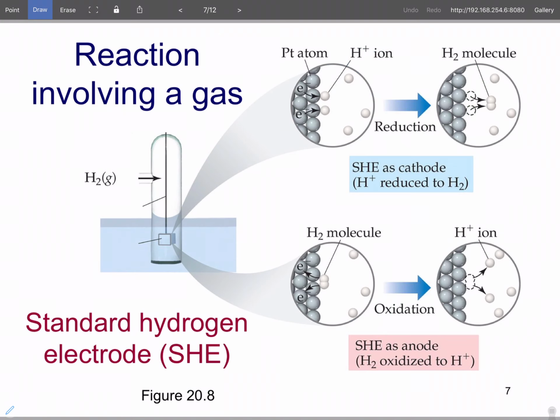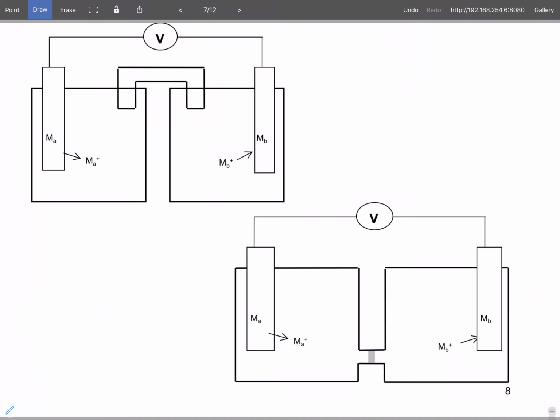This is a blow up of the one involving the gas, and again, they're using some inert electrode to allow the electrons to move through the solution. Because if you didn't put an inert electrode in there, then the electrons couldn't flow and the reaction would stop.